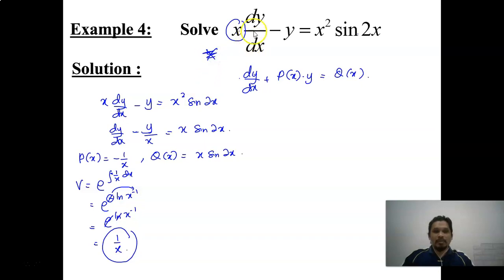Because this equation is not in the general form, since what we have here is x multiplied with dy/dx. So we will multiply this with this one, because this one is exactly in this form, dy/dx plus p(x)y equal to q(x), where p(x) is -1 over x.